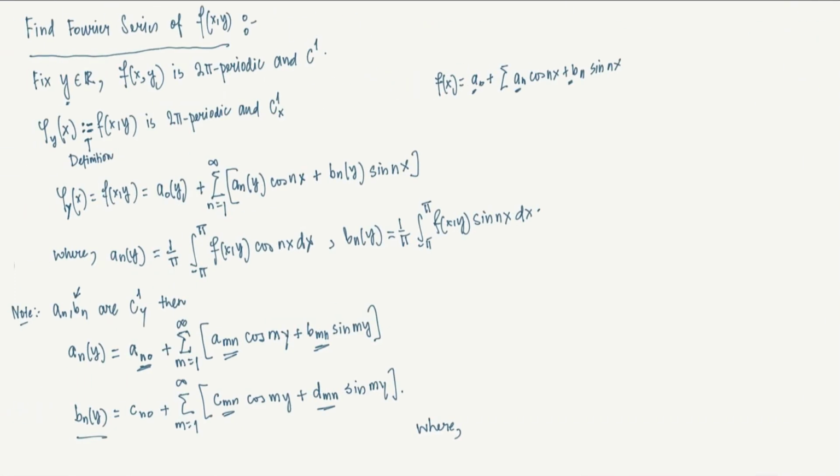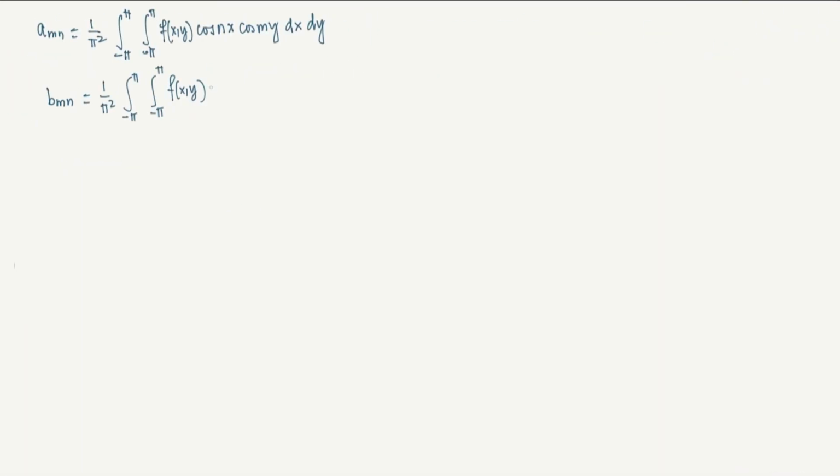So it will be 1 by pi, minus pi to pi. Then you have another 1 by pi here, right? This is sine ny, right? Sine ny. Okay, so this is cosine nx sine ny dx dy.